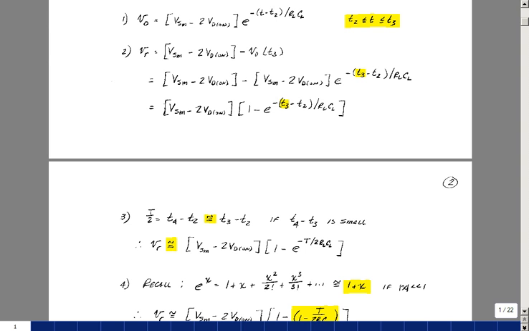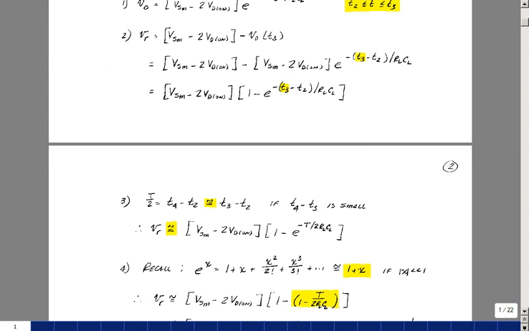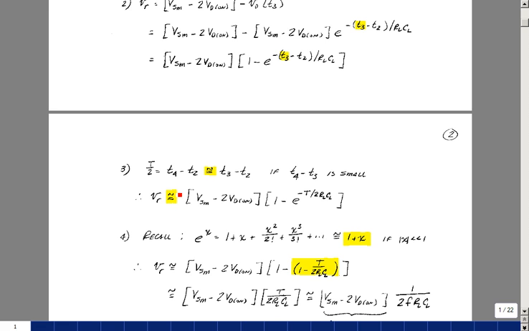If we do that, we can make a nice simple approximation and get a formula to get a handle on the ripple. If I were to approximate t4 minus t2 as t3 minus t2, again assuming that this interval is small, then I can replace the term here, t3 minus t2, with T over 2.